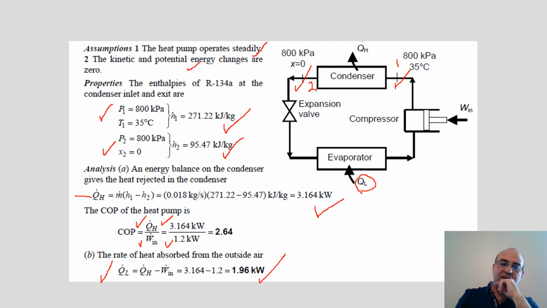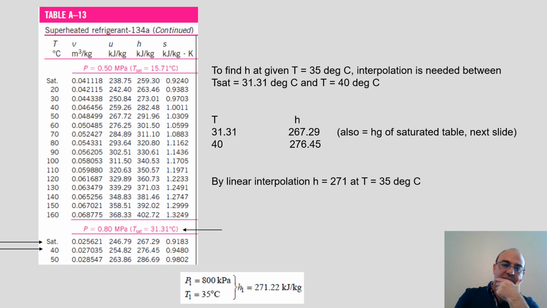Two other things that I'd like to talk about are how to find h1 from the superheated table and how to find h2 from the saturated table. This is for finding h1 at the beginning of the condenser or exit of the compressor.